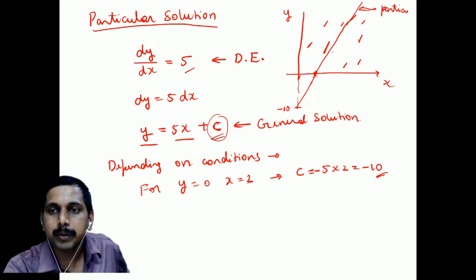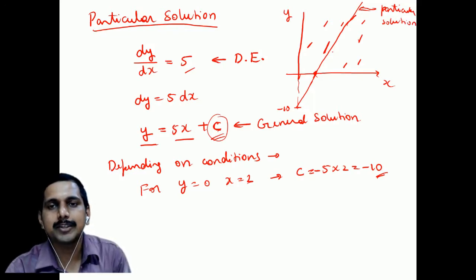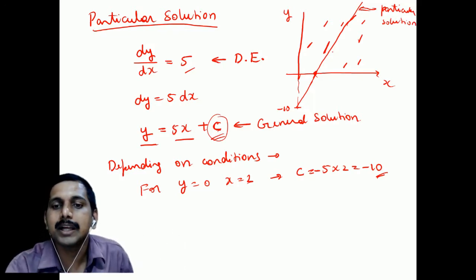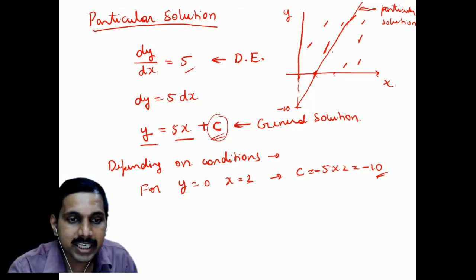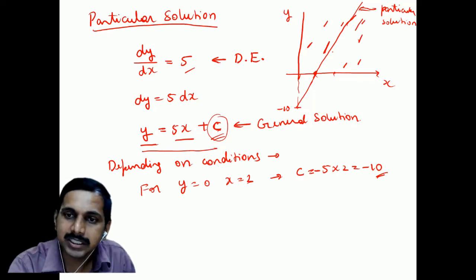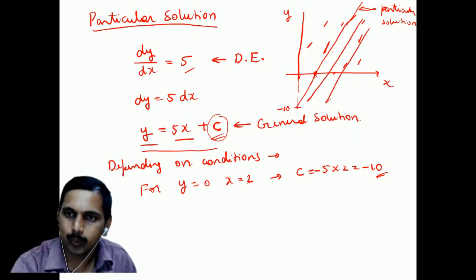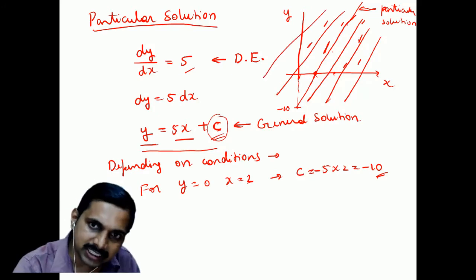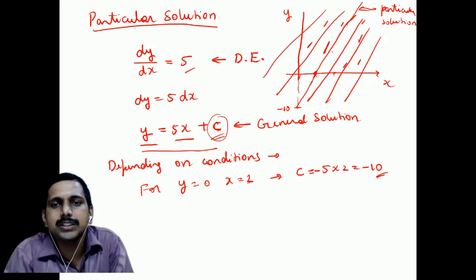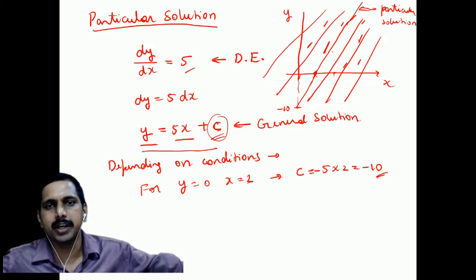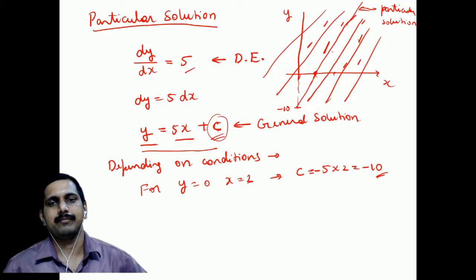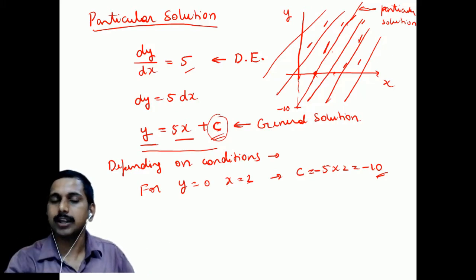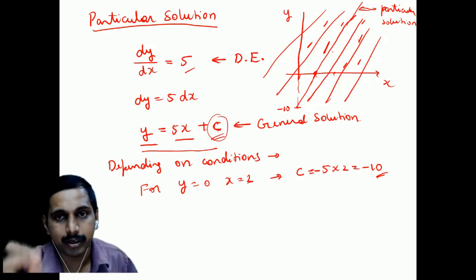This is a particular solution. A particular solution depends on the initial condition. There might be some other condition where I have to start from somewhere else. So when I say general solution, it represents a lot of lines, an infinite number of lines. General solution means there are infinite possibilities. But when you say particular solution, it means I am specifying a particular thing.